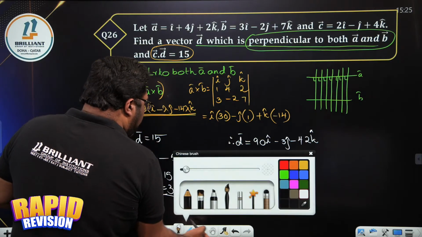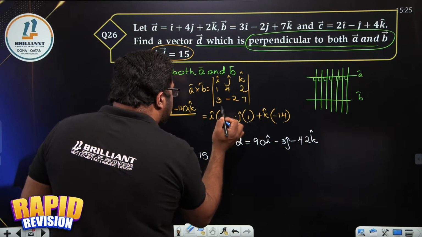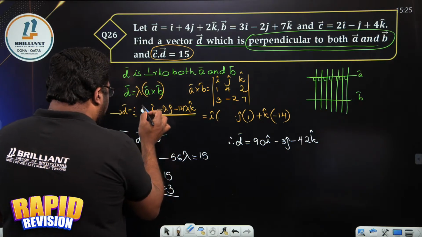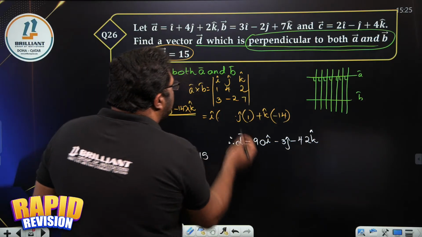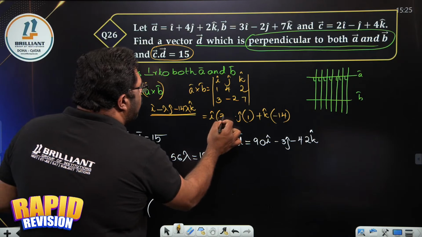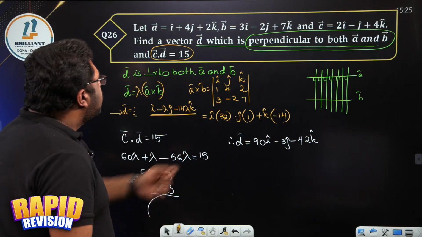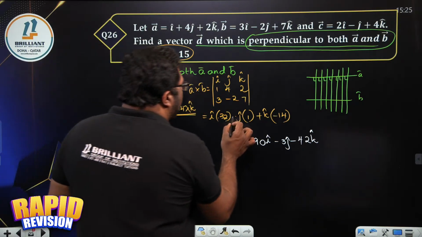It's not 30, it's 32. Sorry, just change it, all of you. So it's 28 plus 4 is 32I. 7 minus 6 is 1.